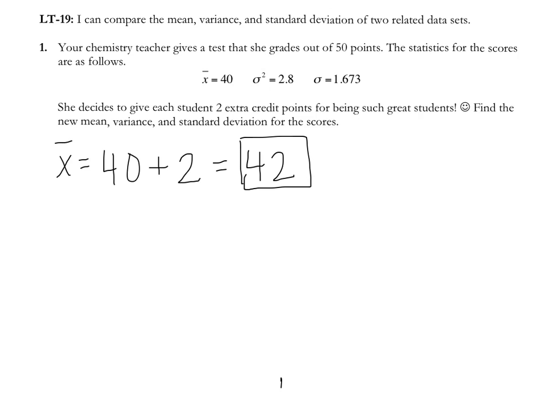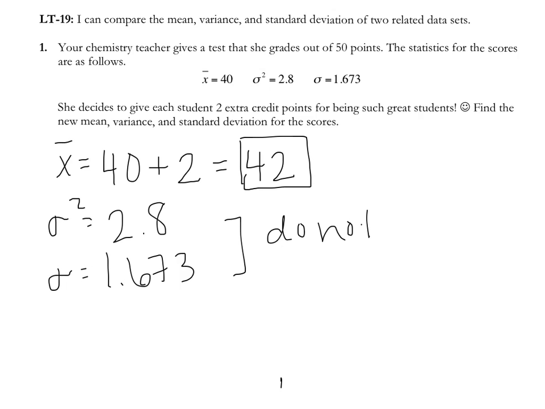You're just shifting it over, shifting it up by some number. So it's not changing how spread out the data is. Therefore, your variance and your standard deviation are going to stay the same. So our variance is going to stay 2.8, and your standard deviation will stay 1.673, and these do not change.